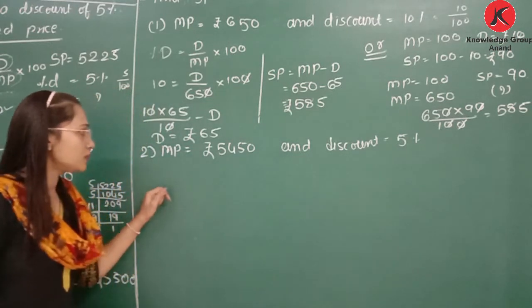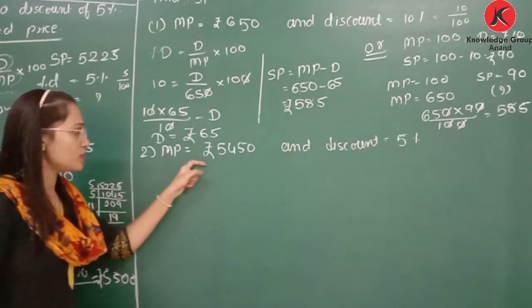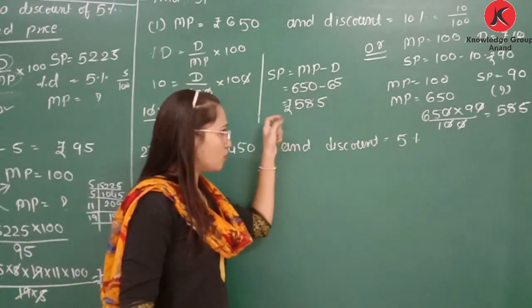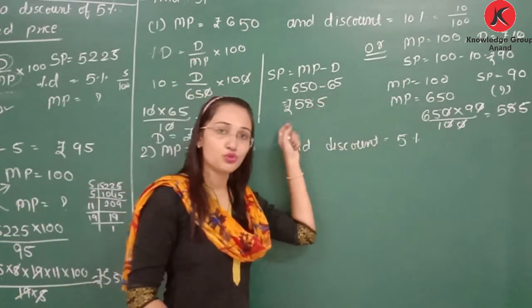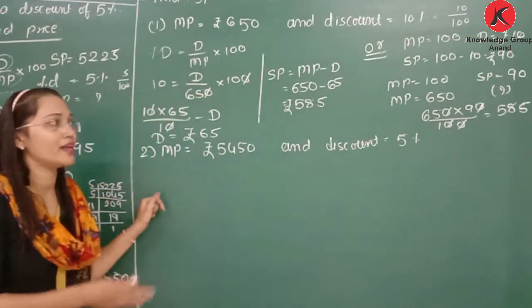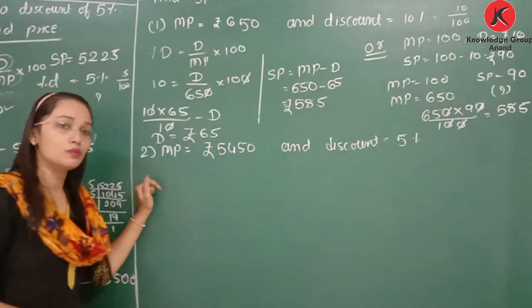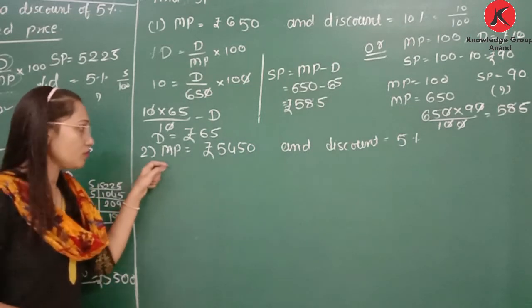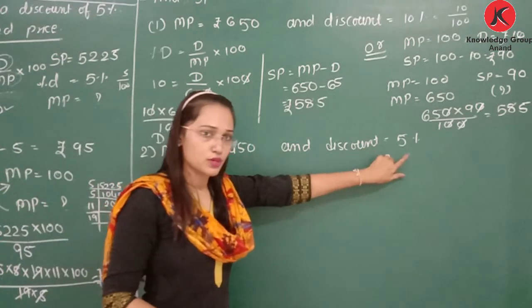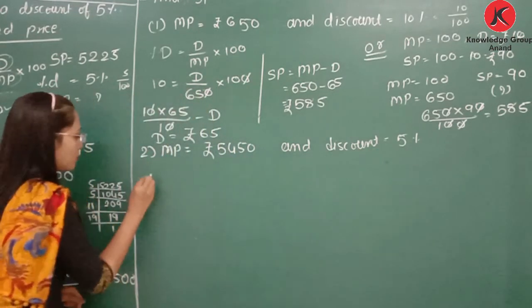Now next example: market price is rupees 5,450 and discount is 5%. You can remember that from these two methods you can use any one method to solve the example. Whatever method you find easy for you. So market price is 5,450, discount is 5%. We can start directly from the equation.